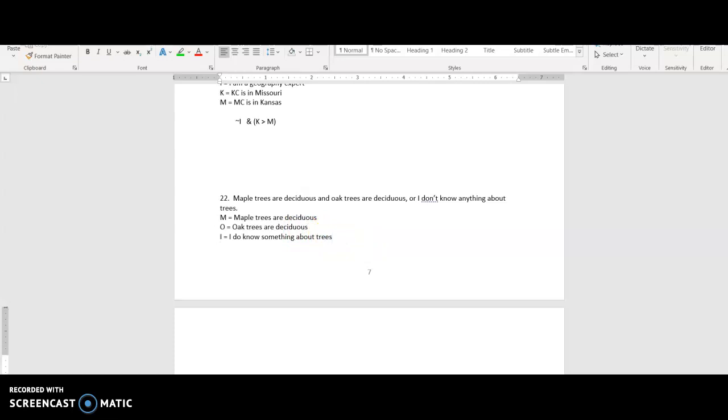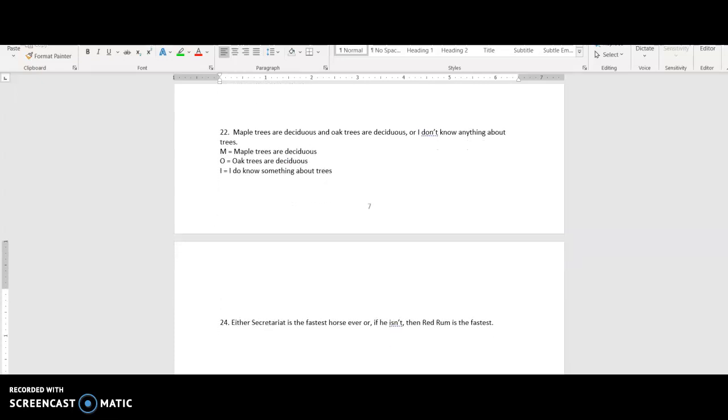All right. Okay, so maple trees are deciduous and oak trees are deciduous, or I don't know anything about trees. So this is the main operator. It's the disjunction, right? So it's the or. What comes before the or is the left disjunct. So it's M and O, right? Maple trees are deciduous and oak trees are deciduous.